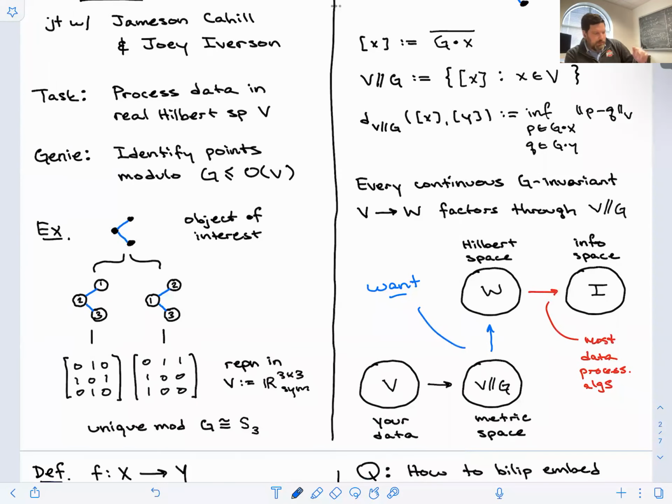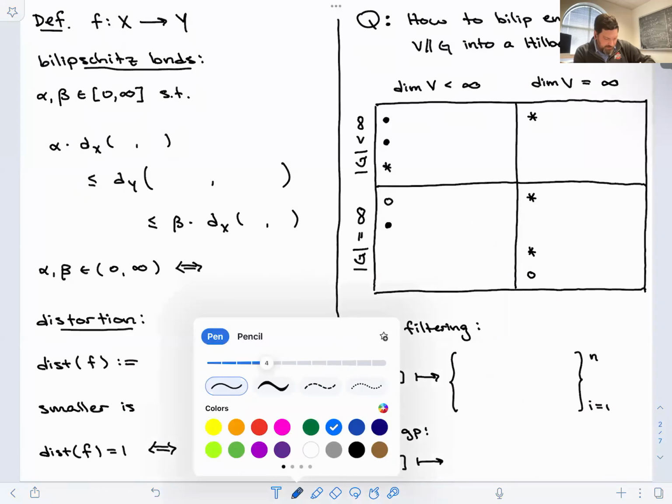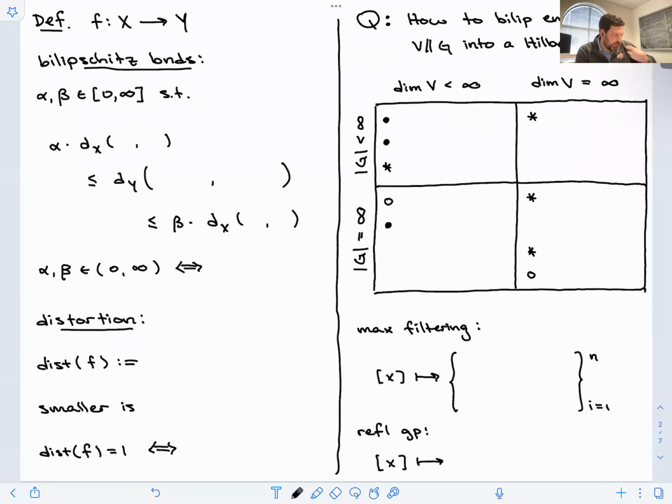Okay. So what does it mean for a map from a metric space to a Hilbert space to be good? Well, in general, there's a notion that you can get for any function from one metric space to another. You can talk about Bilipschitz bounds. These are going to be numbers, alpha and beta, with the property that for any x and x prime in the domain, you can look at the original distance in the domain space.